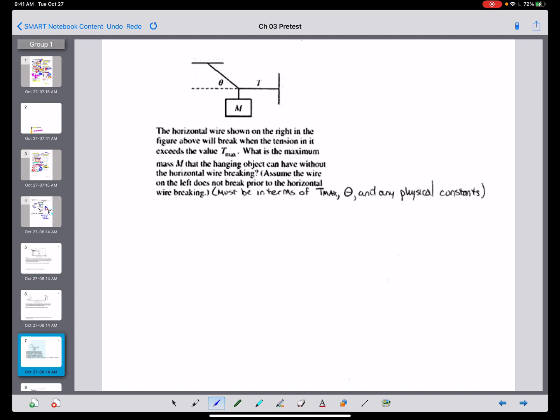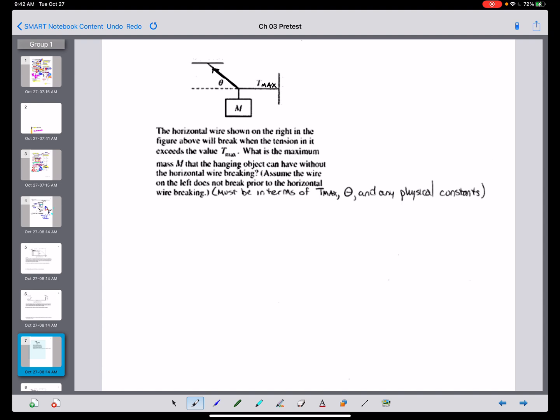All right. So now what you have to realize is there's still a force pulling up here that we have to consider. I'm going to call this T max. You might ask, what does T max mean? Well, we just want the maximum force we can have without it breaking.